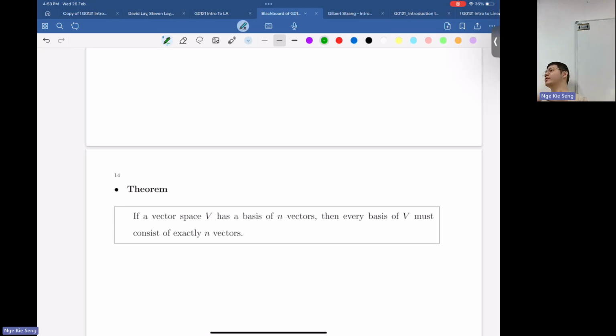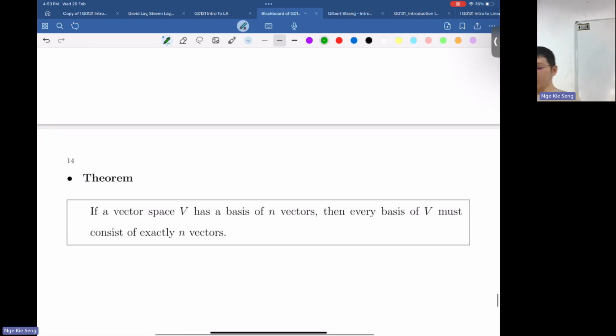It cannot be less than n, cannot be greater than n. If it is greater than n, you can throw some away. If less than n, it won't span your vector space. So this is the idea. But to prove it, I think we need to use a previous theorem.